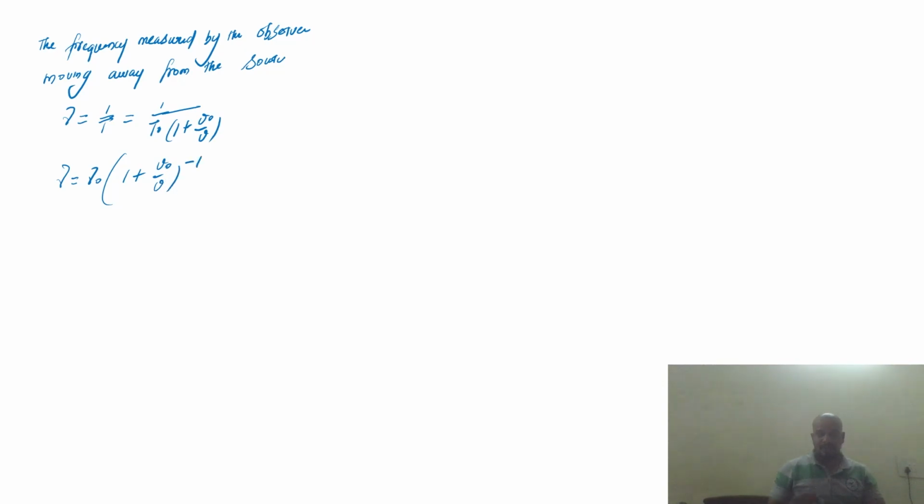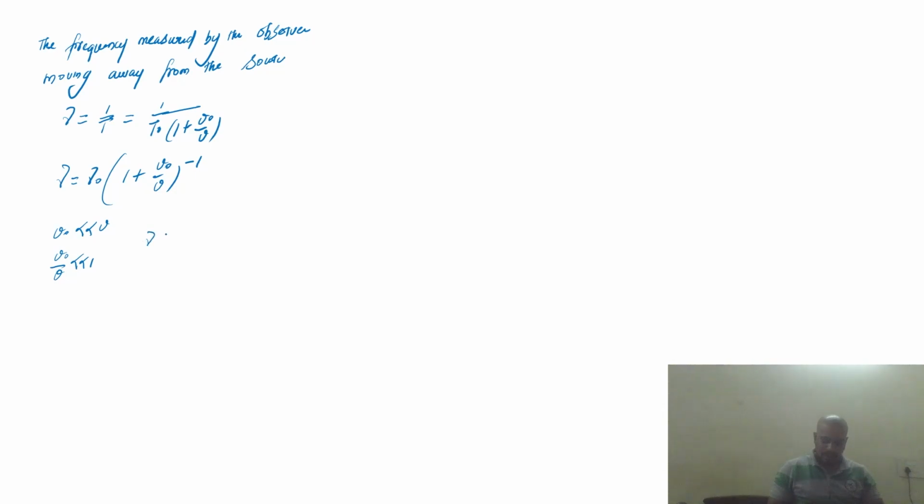Again, we are going to make the binomial approximation when the velocity of the observer is much less than the velocity of the sound wave. The ratio v naught by V is much less than 1. For this case, we can approximate the binomial expansion of the second term.